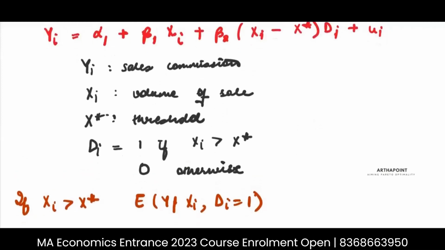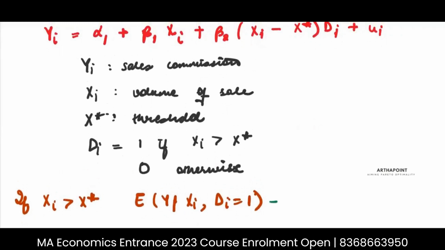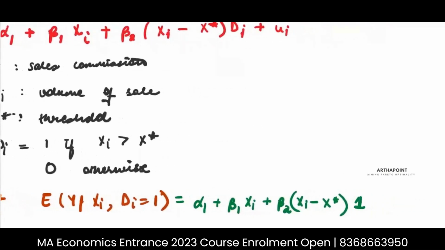You will get this value as alpha 1 plus beta 1 into xi plus beta 2 into (xi minus x star) into 1.